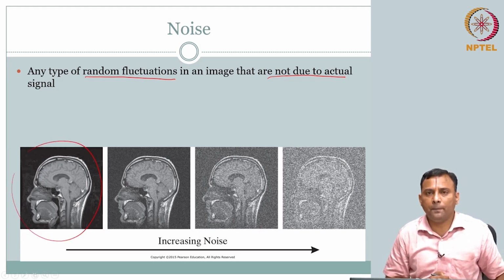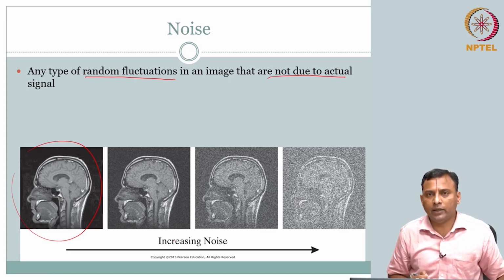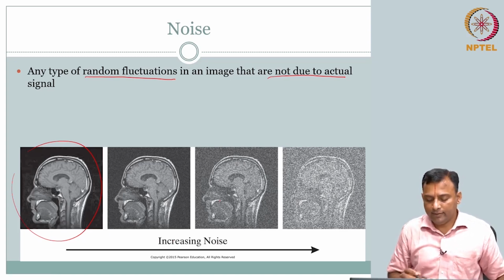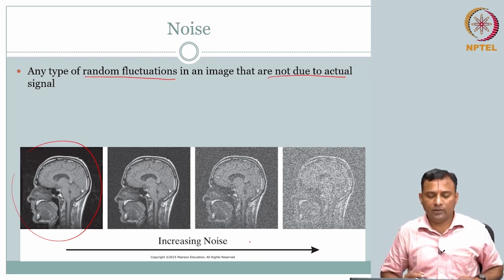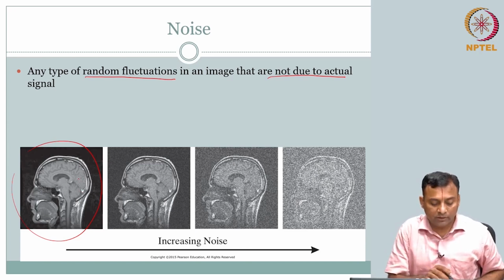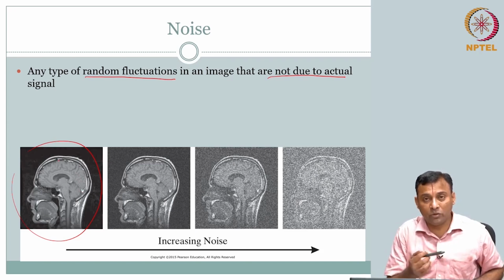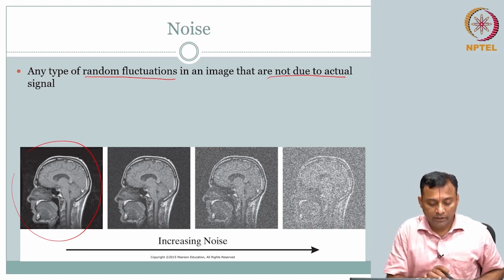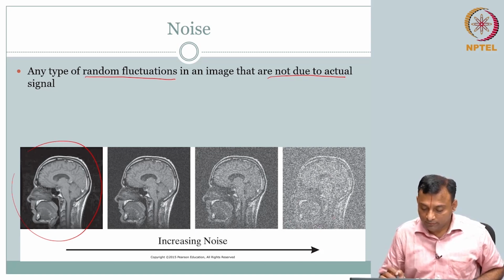If you start to add more noise, by increasing the noise, you can clearly say that the image quality is poor. Why is it poor, and in what sense? It affects both contrast and resolution, everything goes haywire. Take the extreme case, I may not be able to say where the nose is, where the spinal cord is.